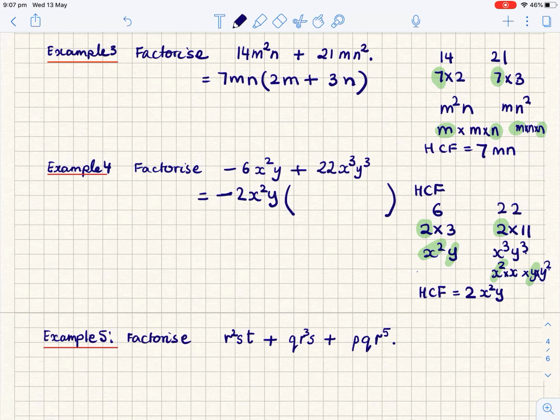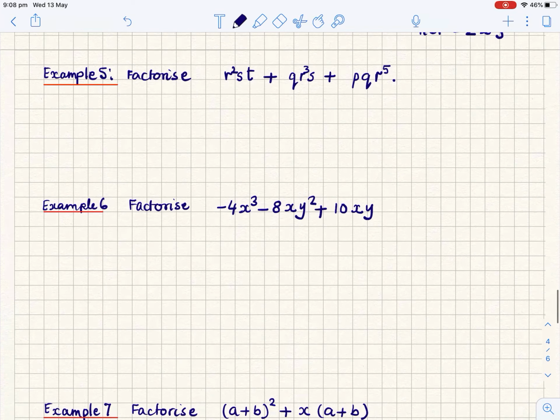If you divide negative 6x squared y by negative 2x squared y, that gives you 3. So the first term was negative, now it is positive. Now if you divide positive 22x cubed y cubed by negative 2x squared y, that will give you a negative sign and 11. Then we have x left, and we have y squared left. So that's the factorized form.